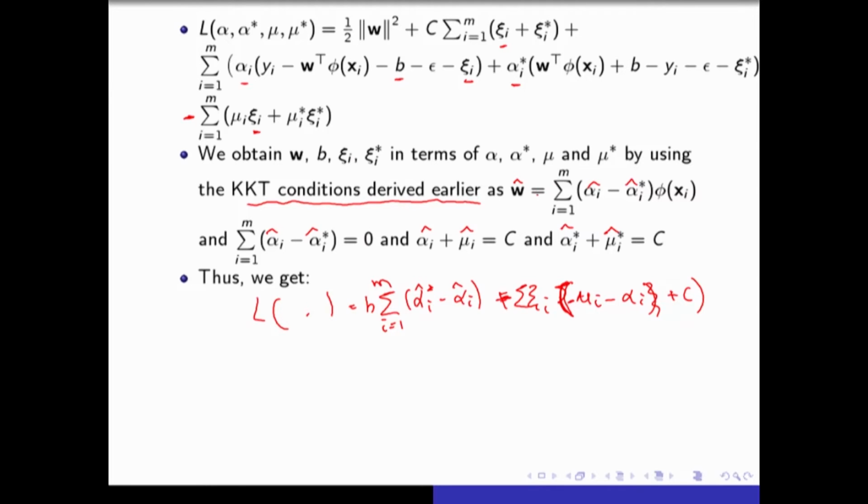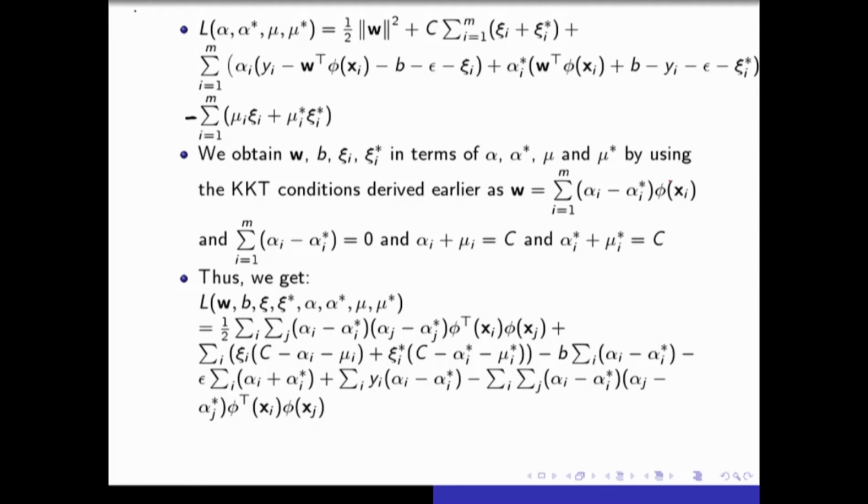We'll also substitute for w hat along the KKT plane into the Lagrange expression, and what do we get? We'll get quadratic terms involving the dot product of phi of xi and xj. So let's write it down. This is what we would get. We would rearrange to find the dot product terms.